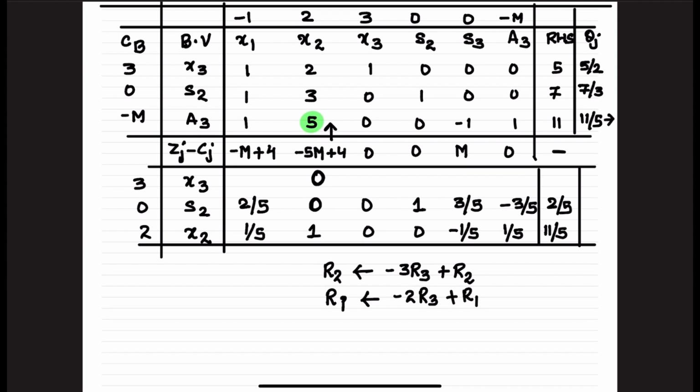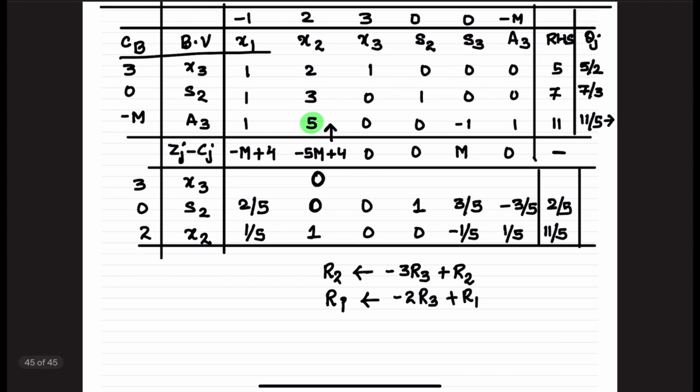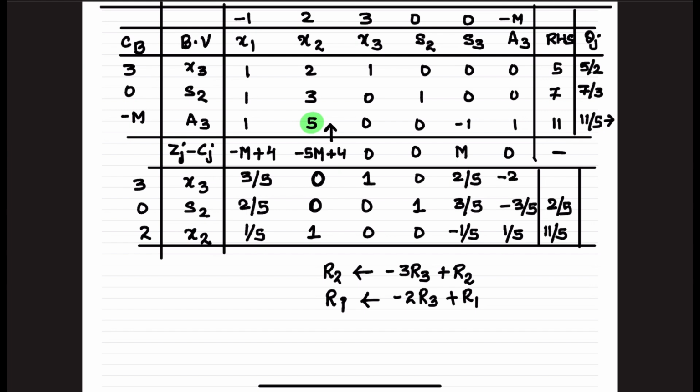So this value is 1 minus 2 by 5, which is 3 by 5. This is 1, 0. This is 2 by 5. This is minus 2 by 5. This value is 5 minus 22 by 5, that is 25 minus 22, that is 3 by 5. Okay.